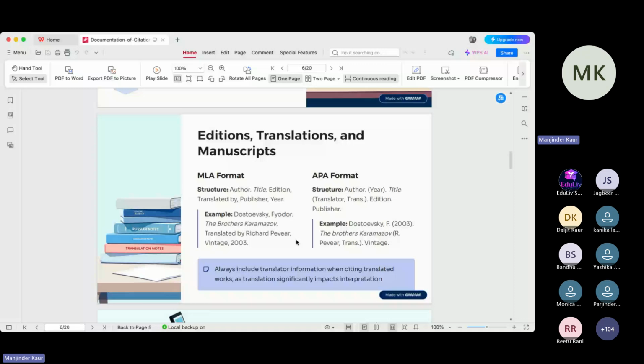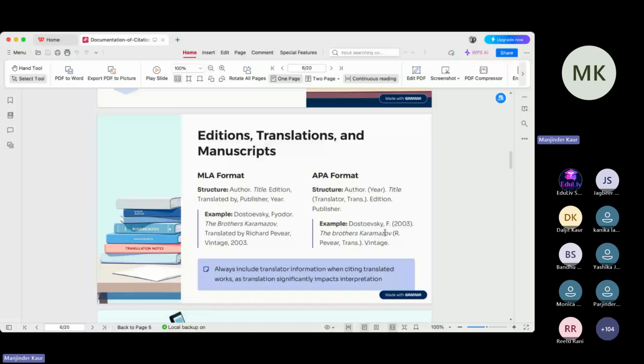Then Vintage is the publishing house, followed by 2003, that is the year of translation, publication, period. This is as per MLA format. Now coming to APA format, right? Dostoevsky, same style, comma.